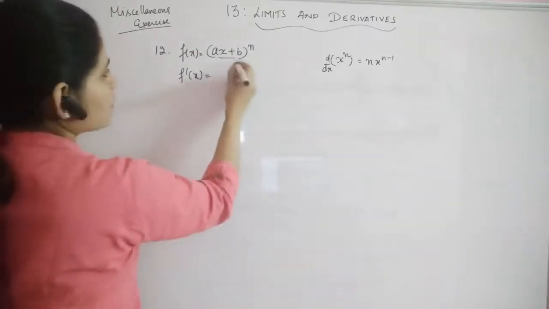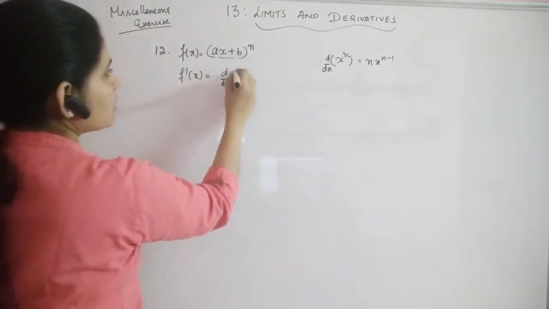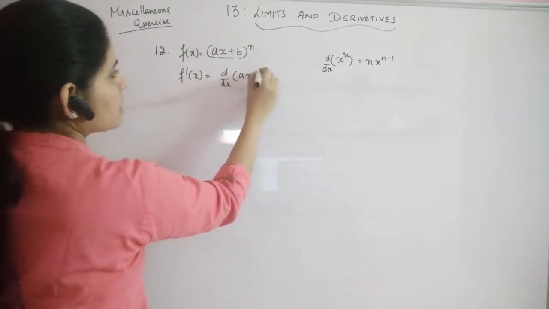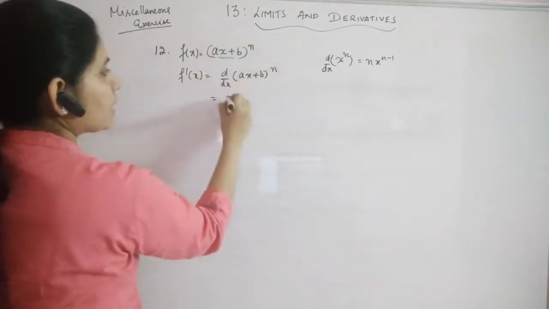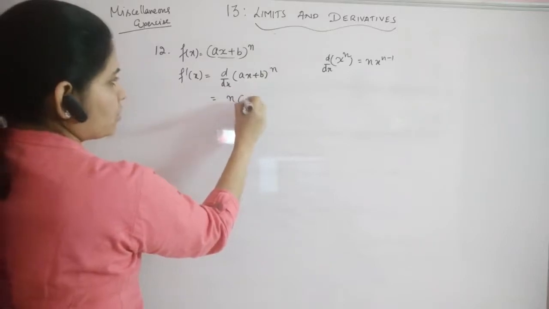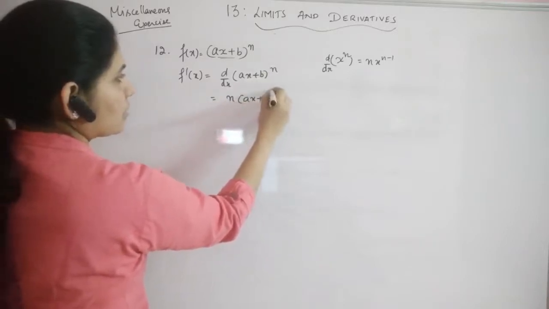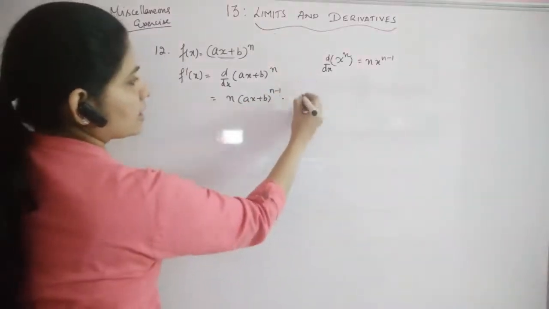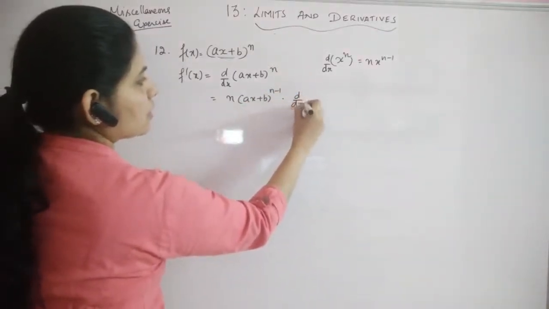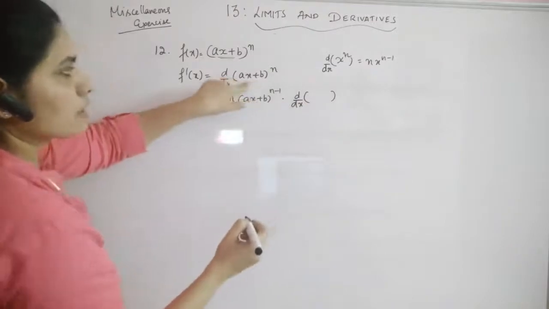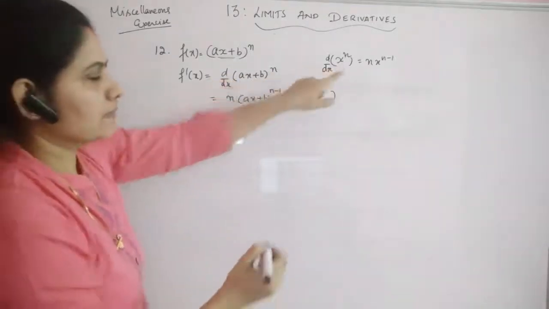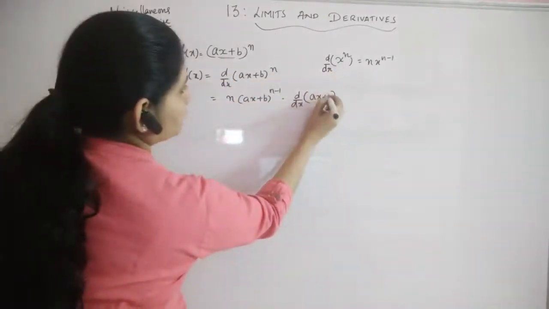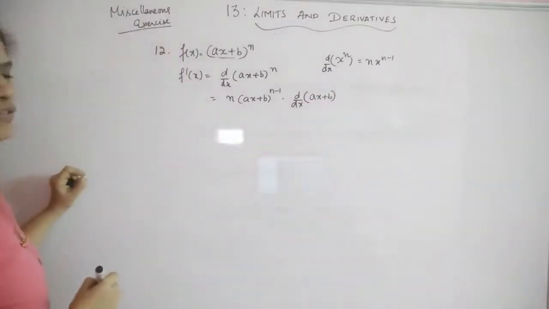Okay. So first this is actually the process, d by dx of ax plus b the whole raised to n. That we will write as n into ax plus b the whole raised to n minus 1 according to the definition. But after that, you have to write into d by dx of whatever is instead of x, its derivative, d by dx of ax plus b.